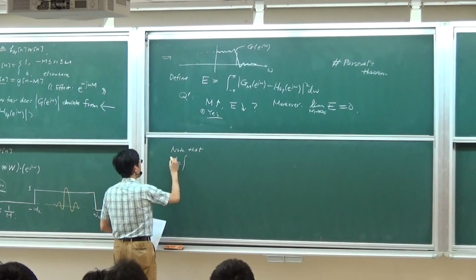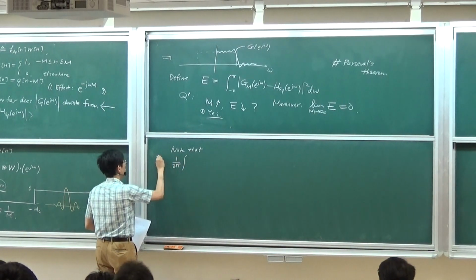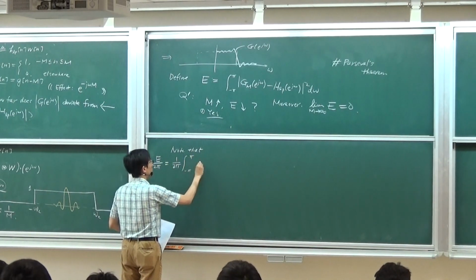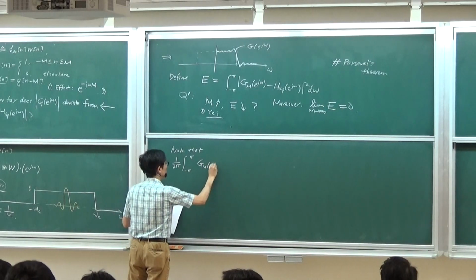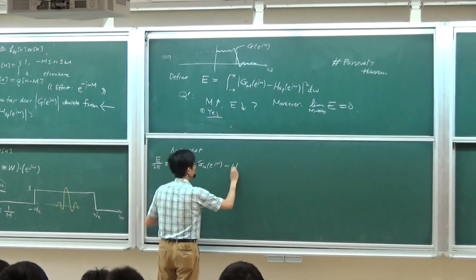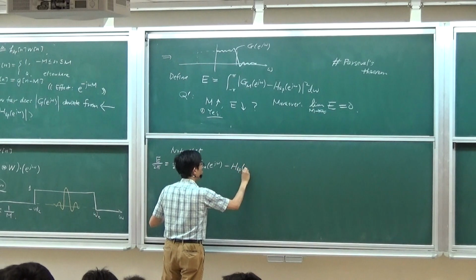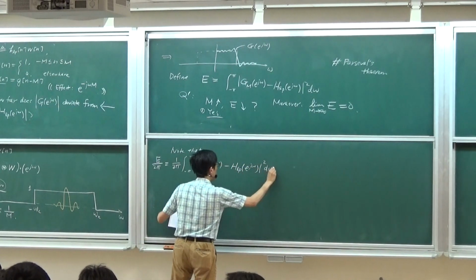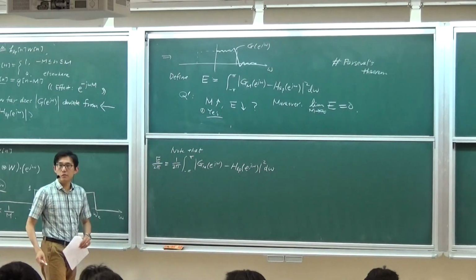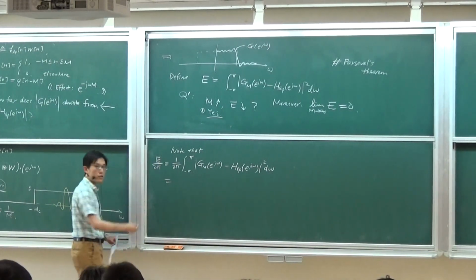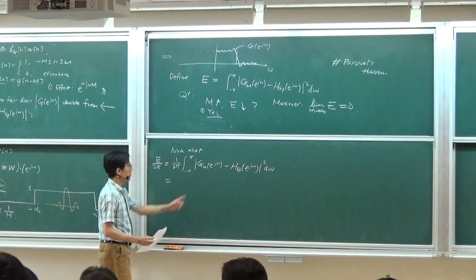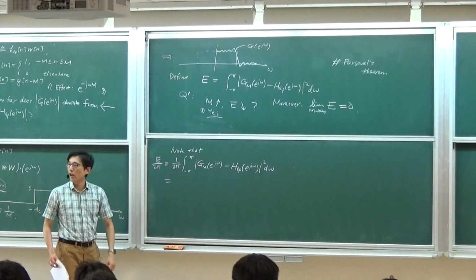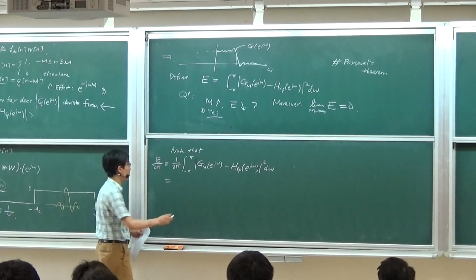If we divide E by 2 pi, it is the total L2 distance squared in the frequency domain. By Parseval's theory, the distance squared in the frequency domain equals the distance squared in the time domain.